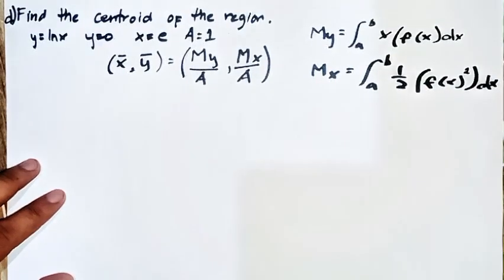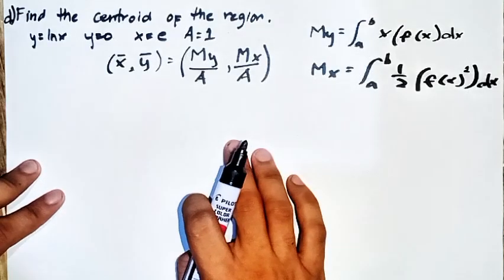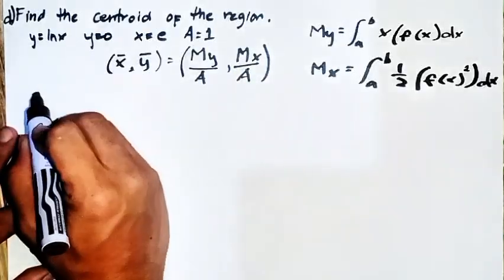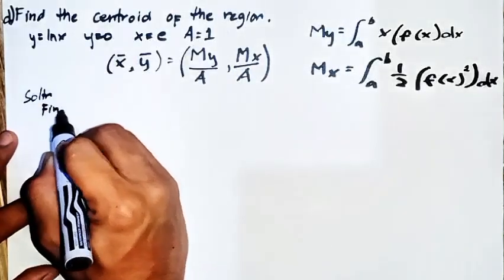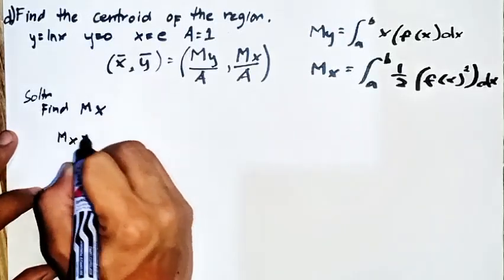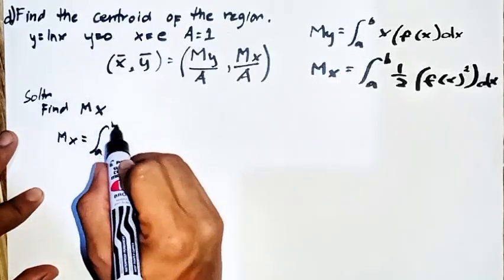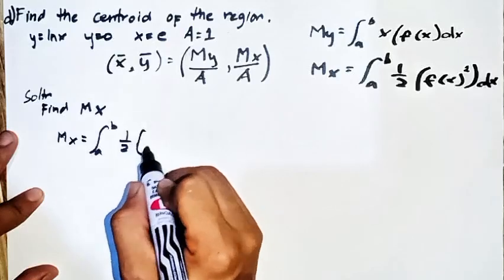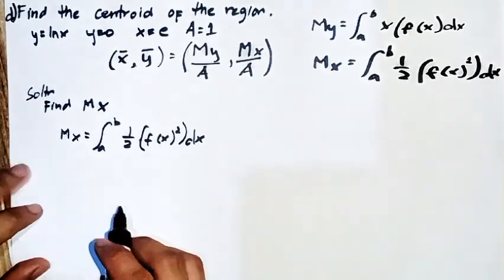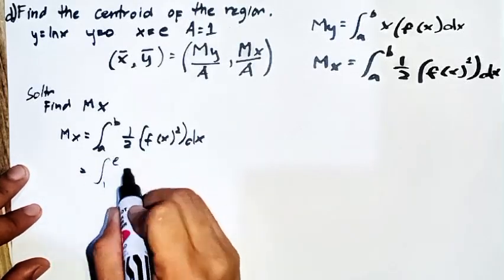Now, since our formulas are ready, let's start by finding first the moment about the x axis, Mx, which is integral from a to b of 1/2 f of x squared dx. Our a here is 1 and our b is e, times 1/2.